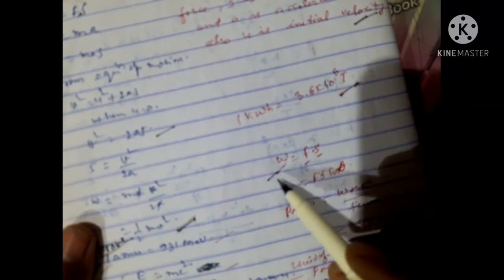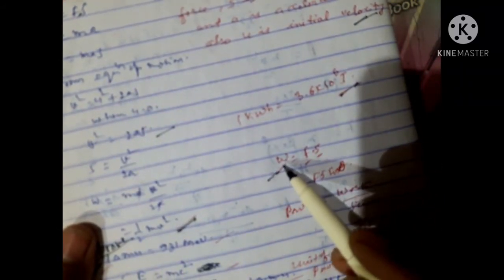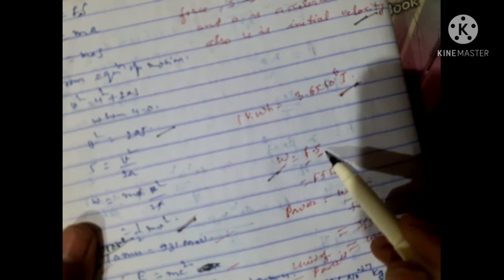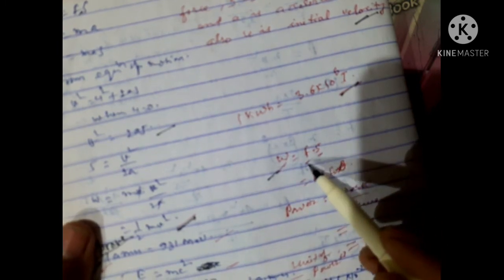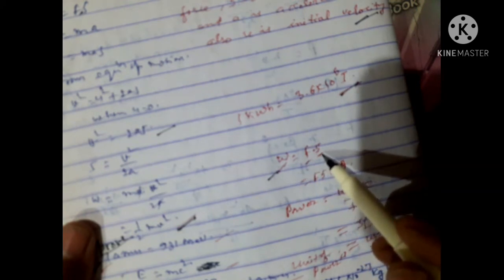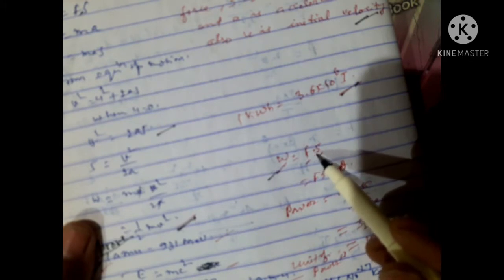Now next thing, work. W is equal to F into S, F dot S. Here you should know force is a vector quantity and displacement is also a vector quantity, so the dot product will be a scalar. You will study all these things in class 11.